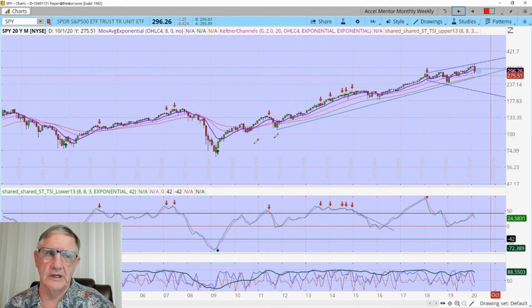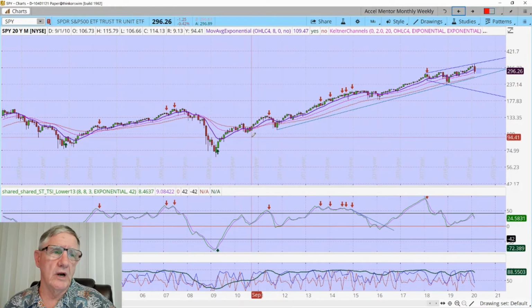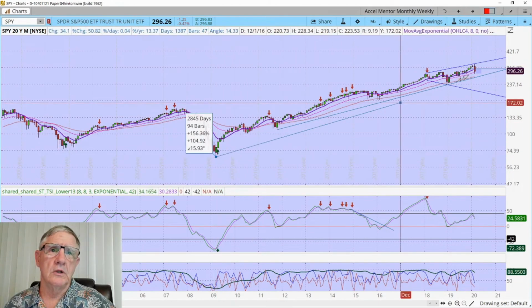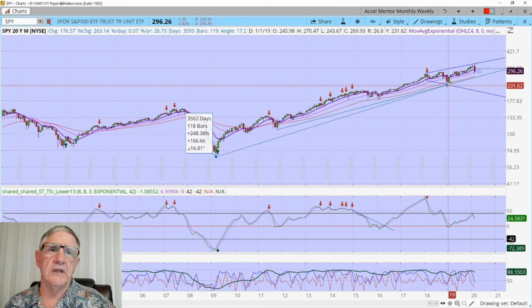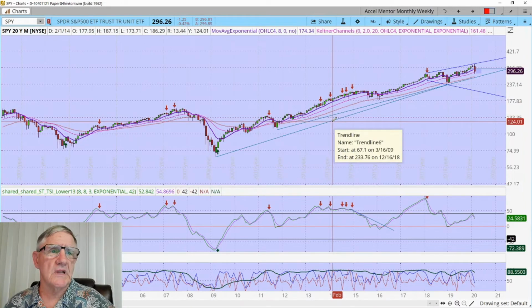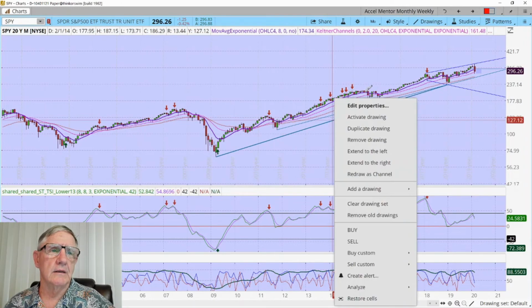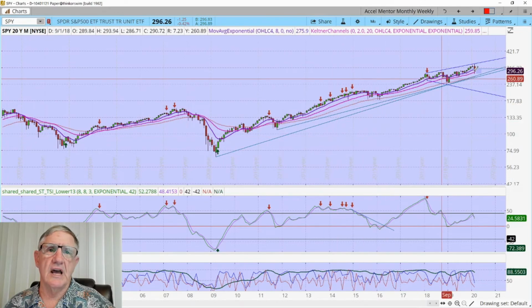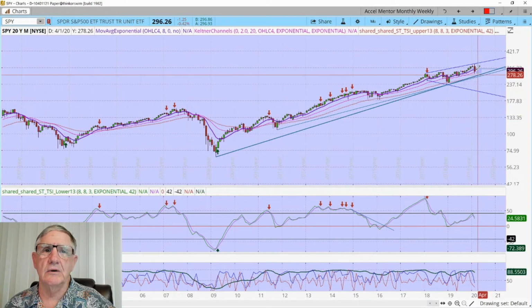That's one trend line. We also want to be aware, though, that there's another trend line down here at the low. You can peg it into that low right there. And then I'll extend that. There we go. And as you can see, that provides us a secondary low, secondary trend line.